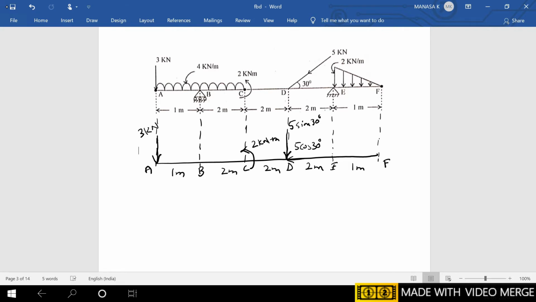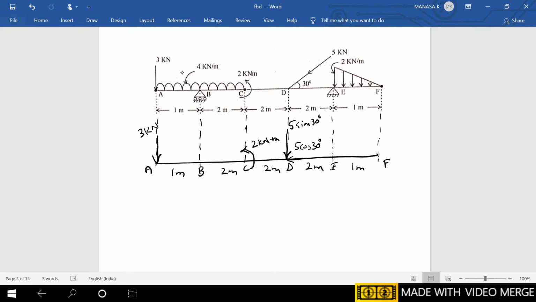Next, there is a UDL here. The UDL starts from A and goes to C. So the UDL can be taken with intensity 4 kN per meter for a stretch of AB once and again for a stretch of BC another time.